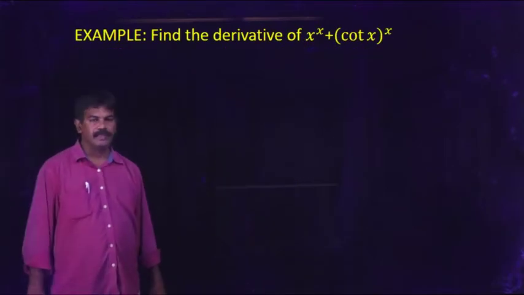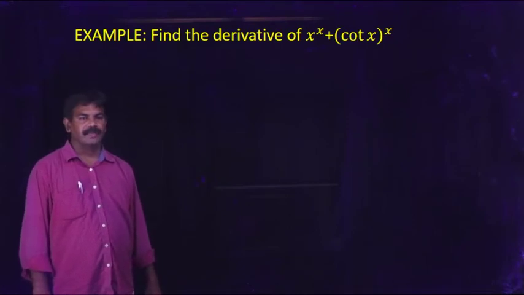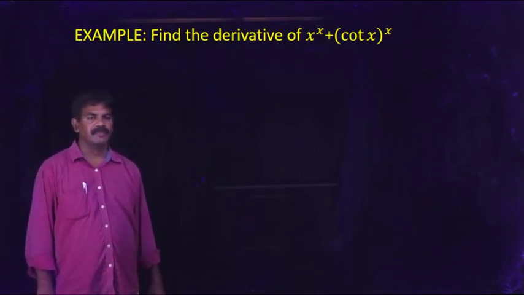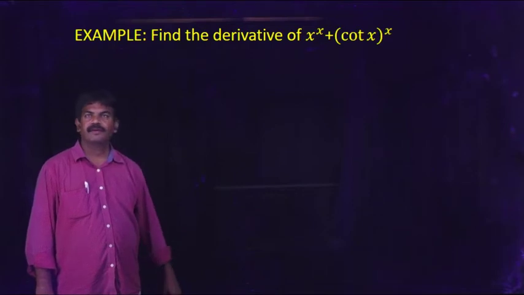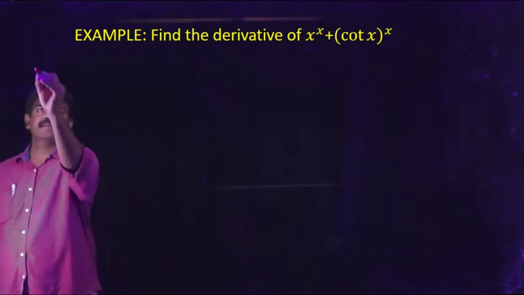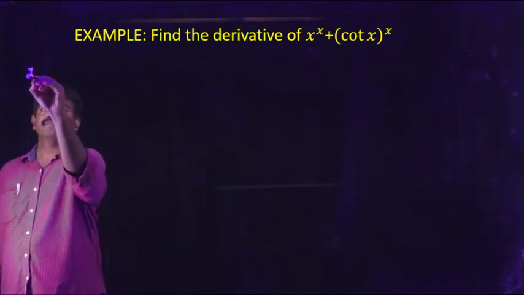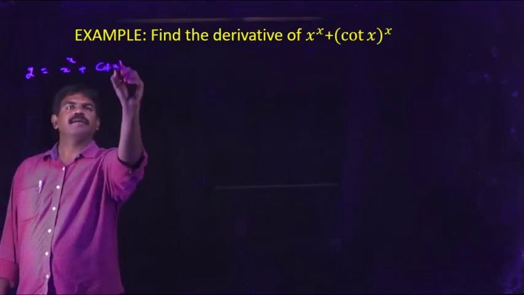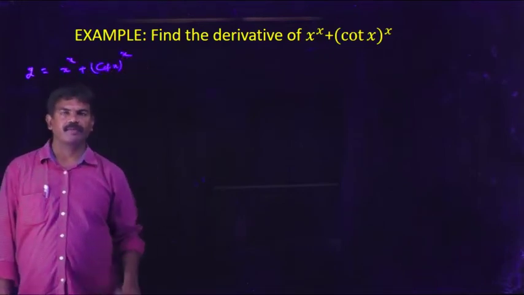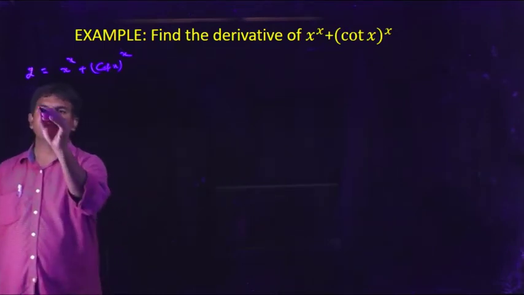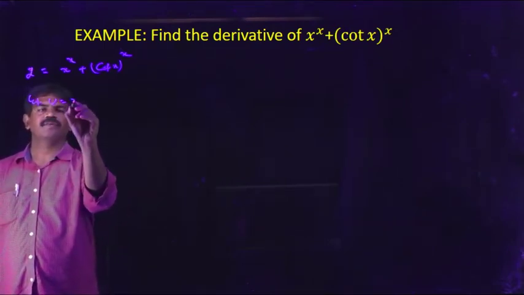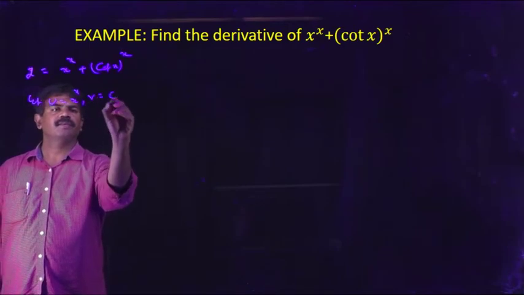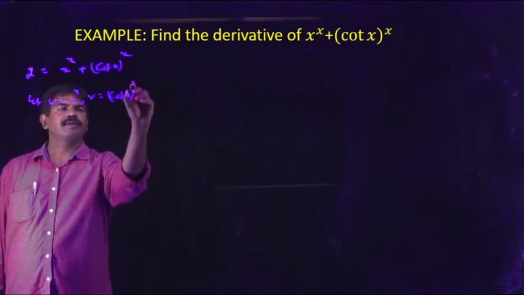Students, see another example. Find the derivative of x power x plus cot x power x. Now we take y is equal to x power x plus cot x power x. Say that the first one is u, that u is equal to x power x, v is equal to cot x power x.